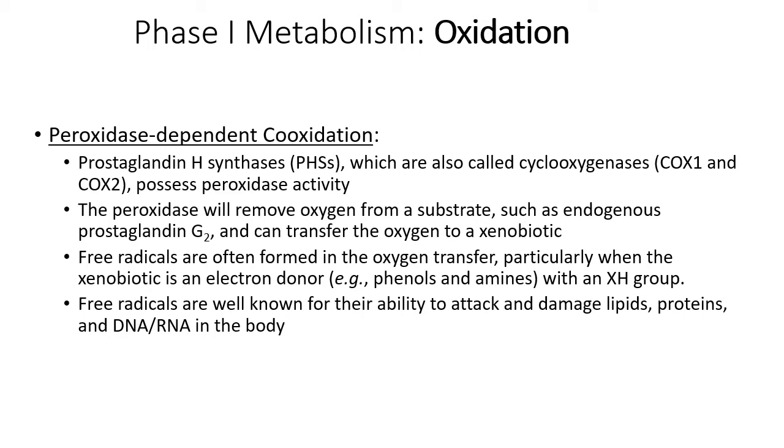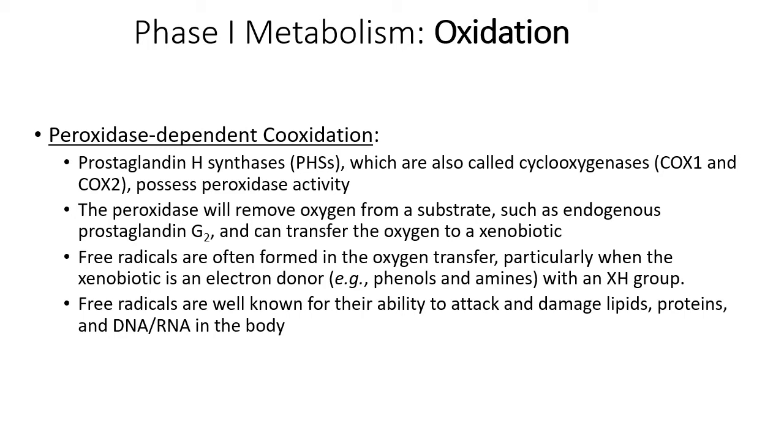Next is peroxidase-dependent co-oxidation. Believe it or not, you may or may not have heard of cyclooxygenases, which are the target of NSAID drugs like indomethacin, naproxen, ibuprofen. But these cyclooxygenases are also called prostaglandin synthases.